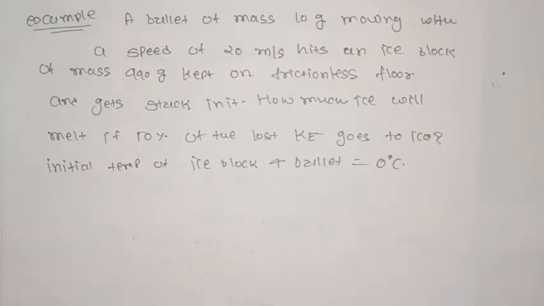In this example, a bullet of mass 10 gram moving with speed 20 meter per second hits an ice block of mass 990 gram kept on a frictionless floor and gets stuck in it. How much ice will melt if 50% of the lost kinetic energy goes into ice?